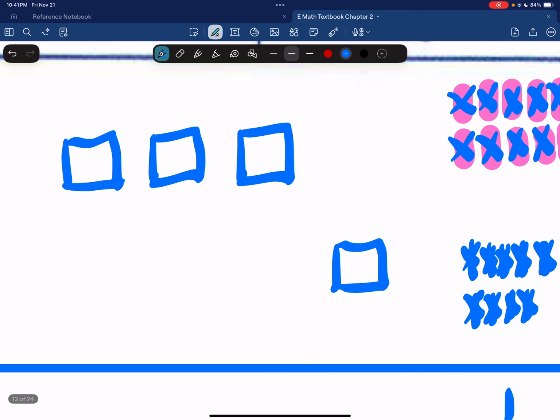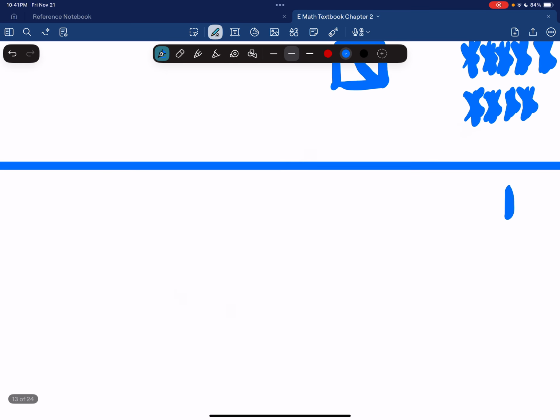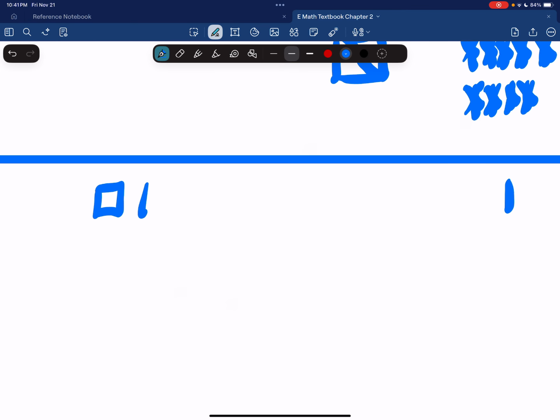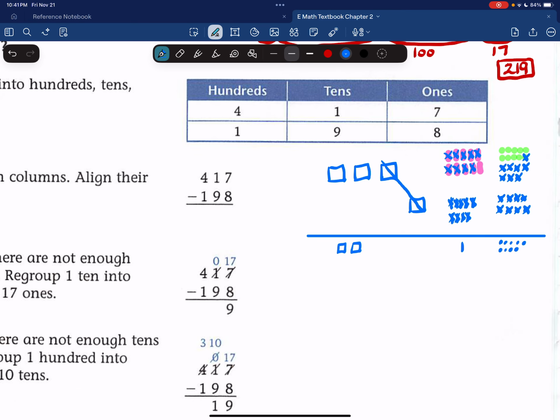And then here we can eliminate, and we're left with 2 flats. So when you get the model built, you have your answer. You have 200, 10, and 9 ones. So using the model method, you also get 219.